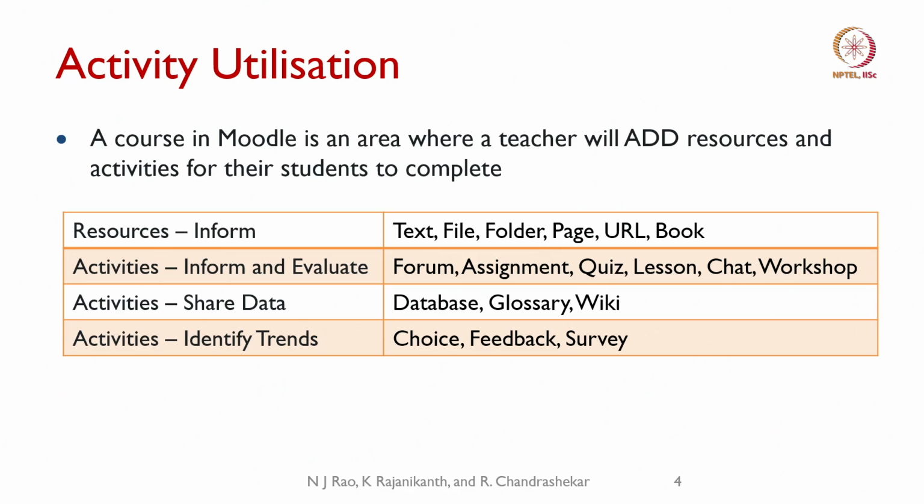Wherever we try to add, we use the add an activity or resource link, and the form is rendered and we have to fill in the form and use it for the purpose required. Resources are just static content, for information purposes.